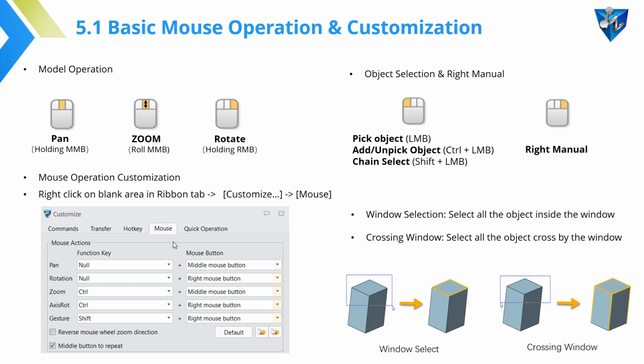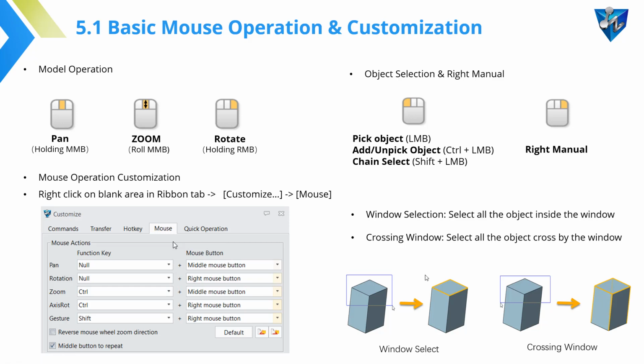Or if you want to add or multi-pick objects, you can press Control on the keyboard and then left-click to select multiple objects. Moreover, when you want to change select, you can press Shift on the keyboard together with the left mouse button. And if you want to call out the right menu, just right-click on the mouse.